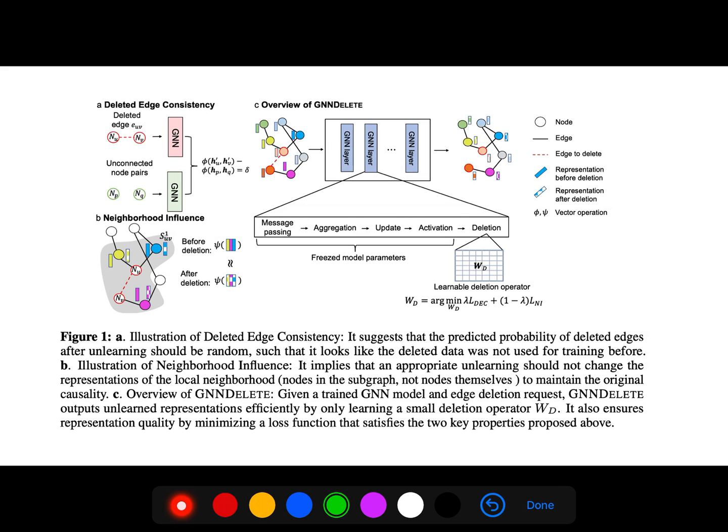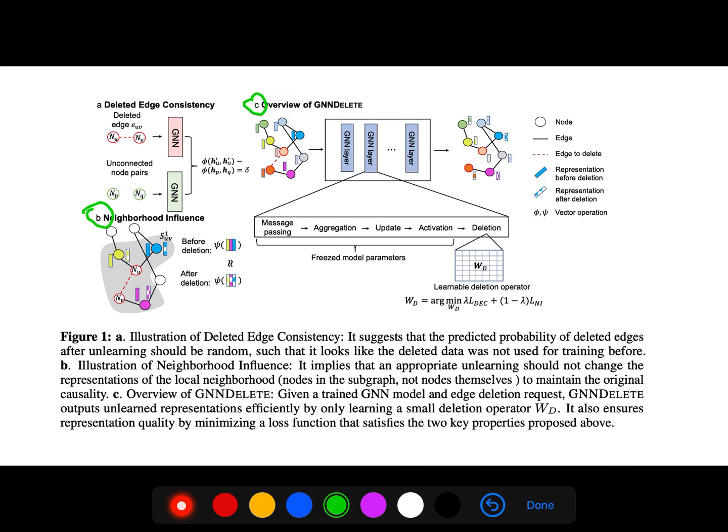And in B, you see an illustration of neighborhood influence. It implies that an appropriate unlearning should not change the representations of local neighborhood nodes in the subgraph, not the nodes themselves, to maintain the original causality. And finally, in C, we see the overview.